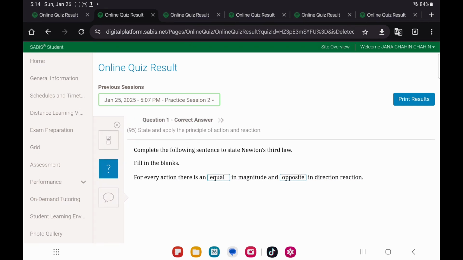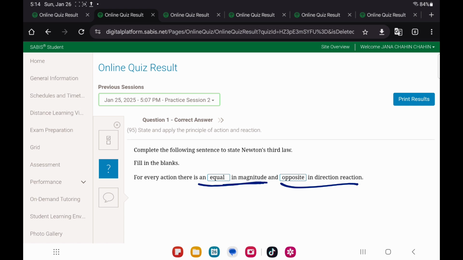So, Newton's third law states, you have to memorize this or understand it, whatever. Newton's law states that for every action, there's an equal in magnitude. Remember, they might switch it up for you so you can forget, and this is why you have to understand it and not memorize it. So equal in magnitude and opposite in direction, reaction.